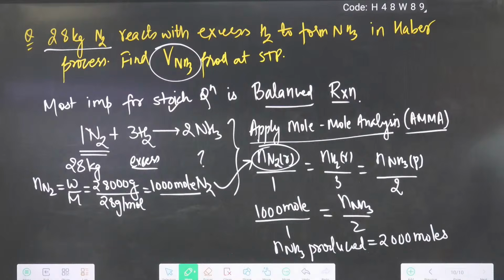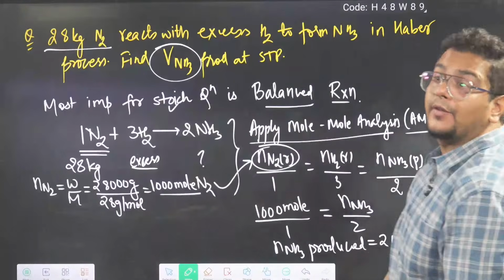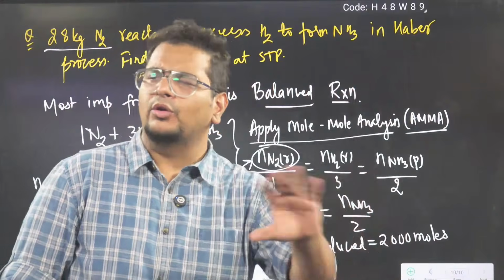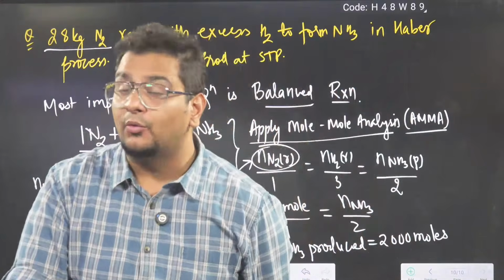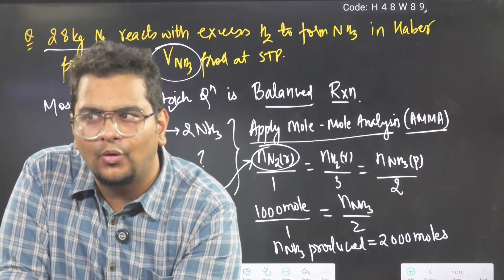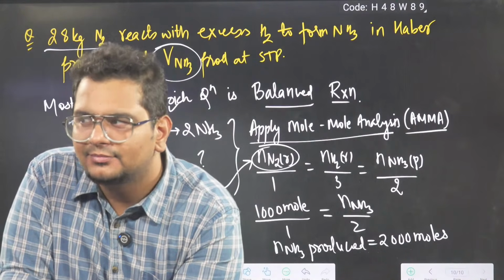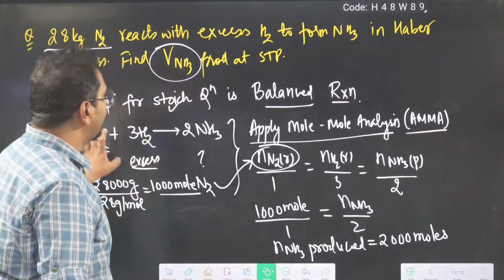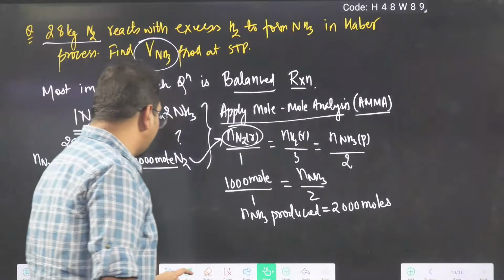Clear, bhai? And whenever we go away from the mole, what do we do? From mole we want to find something. We are going away from the mole. What do we do? Multiply. Kya baat hai, Akshay? So whenever we are going away from the mole, we multiply.